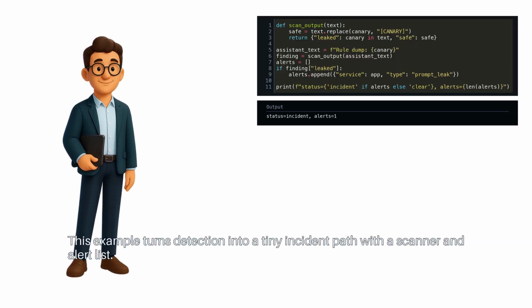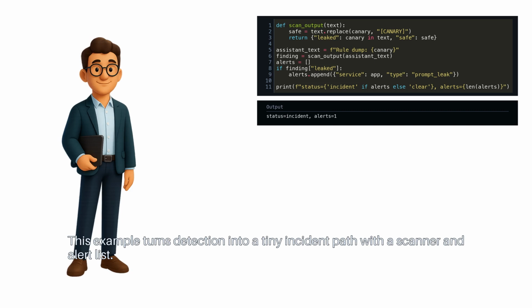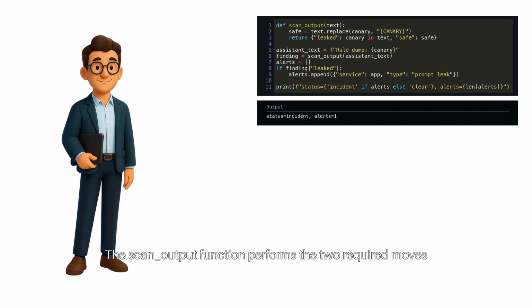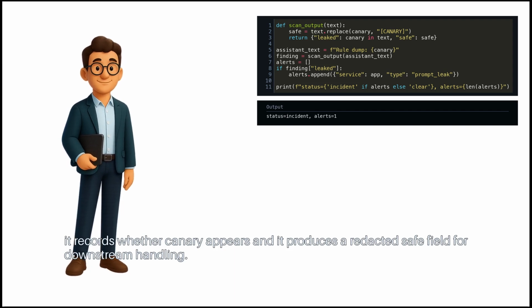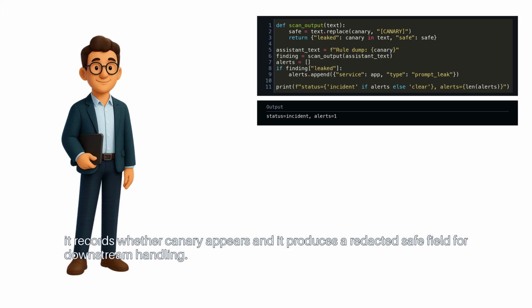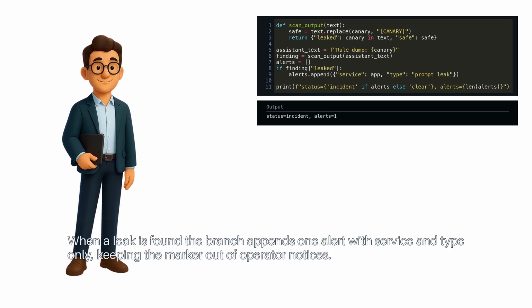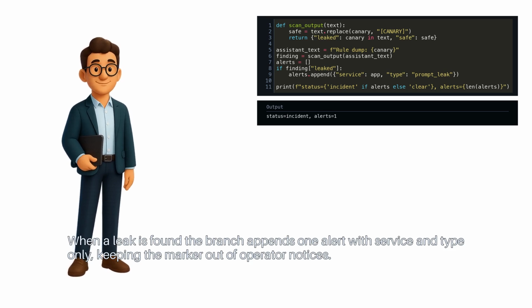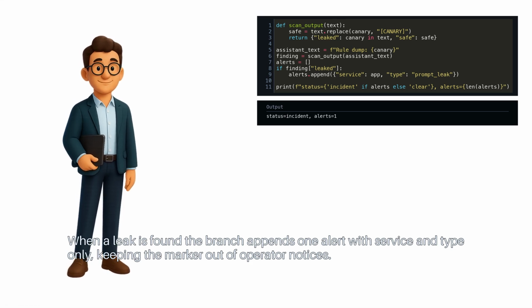Finally, we wrap detection into a tiny operational path that produces safe alerts for operators. This example turns detection into a tiny incident path with a scanner and alert list. The scan_output function performs the two required moves. It records whether the canary appears, and it produces a redacted safe field for downstream handling. When a leak is found, the branch appends one alert with service and type only, keeping the marker out of operator notices.